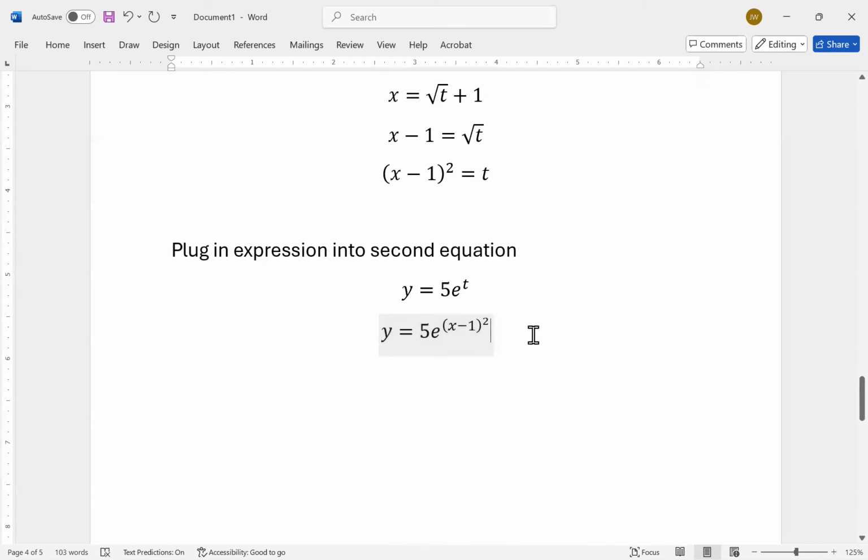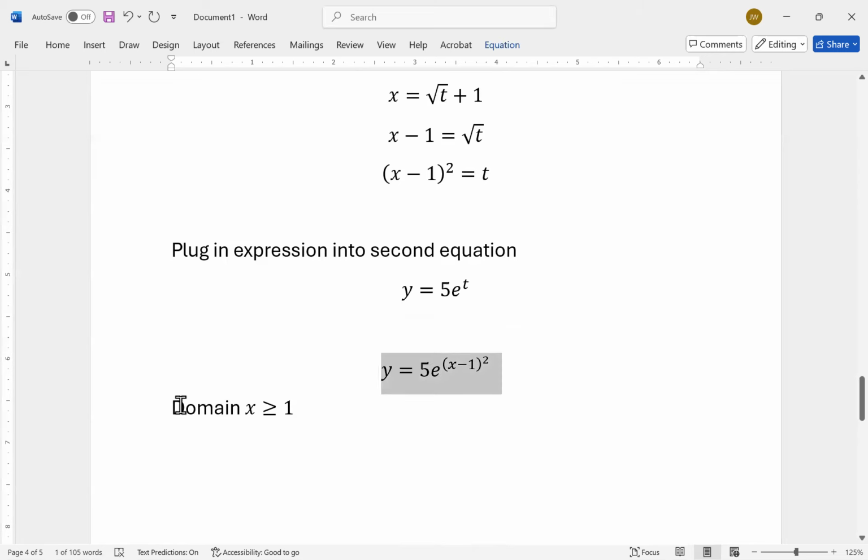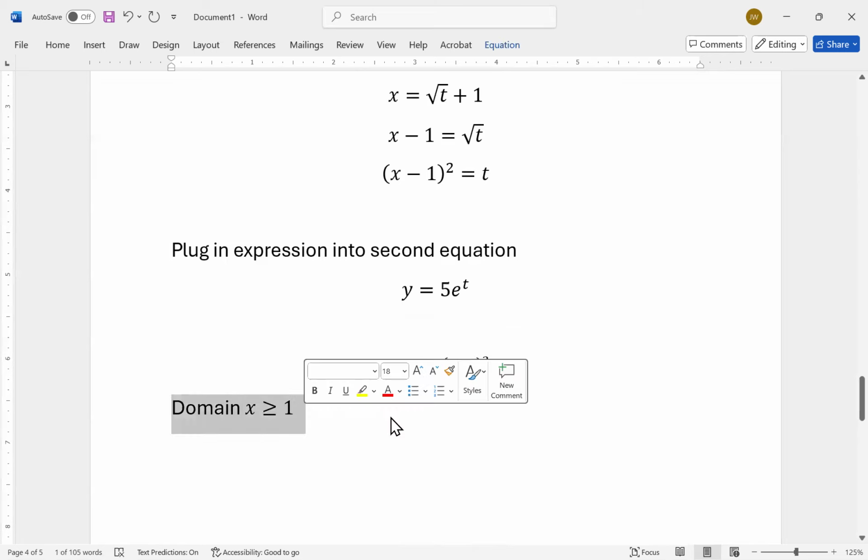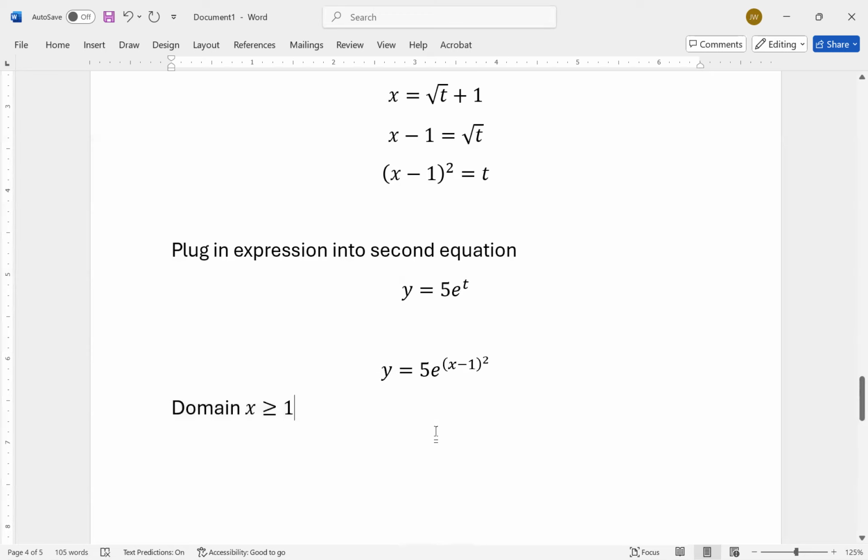So basically, the domain here, if I want to have the same graph, x needs to be greater than or equal to 1. So it is this equation on this domain that actually works.